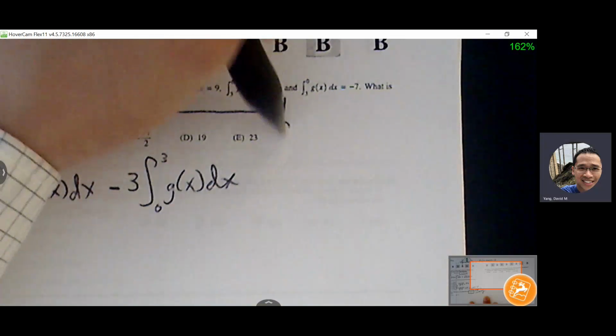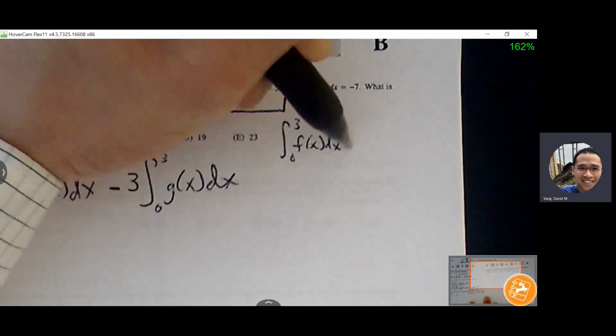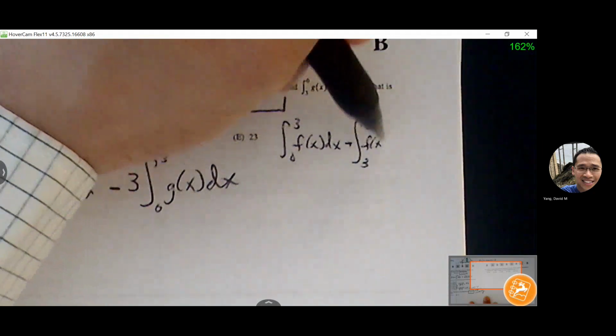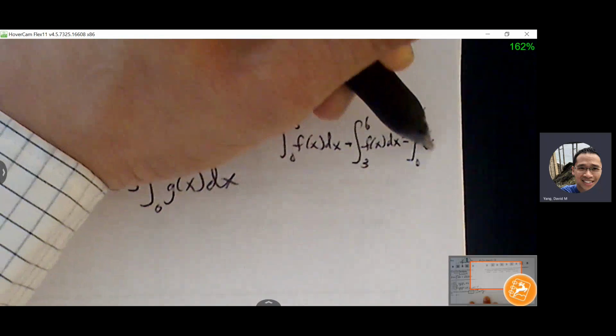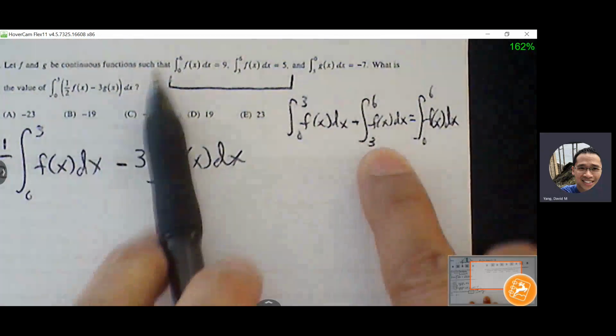I know that the integral from 0 to 3 plus the integral from 3 to 6 must give me the integral from 0 to 6, right? So I know this is true. So if I start off with an equation that makes sense, I can just fill in the blanks here.